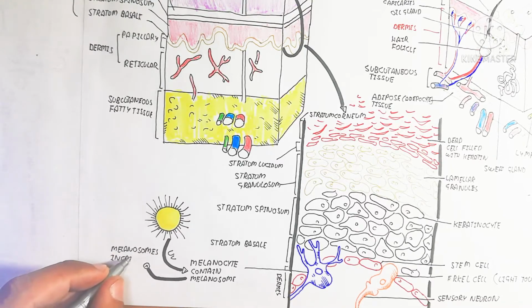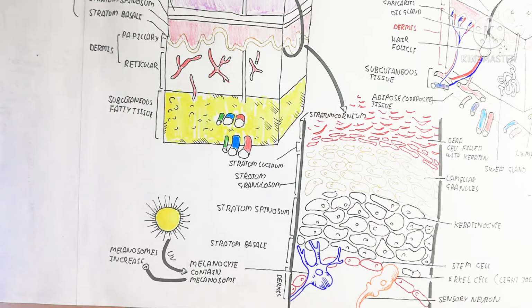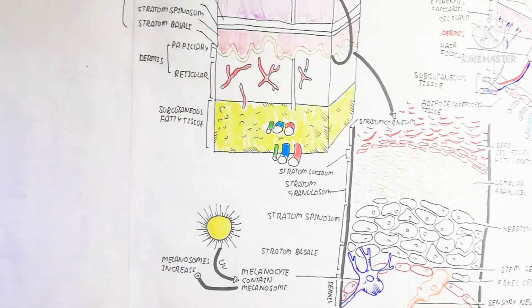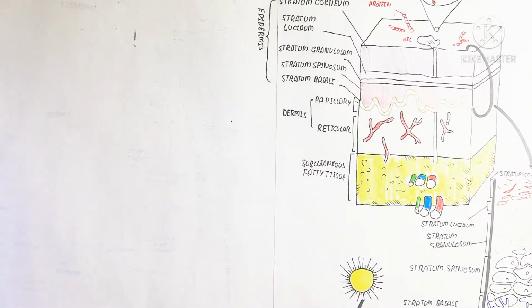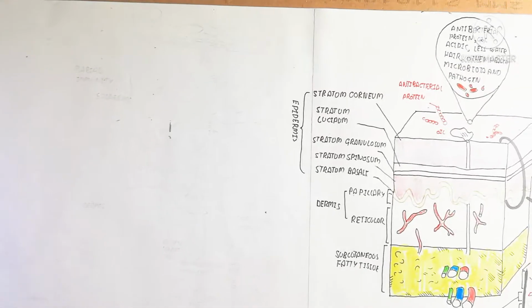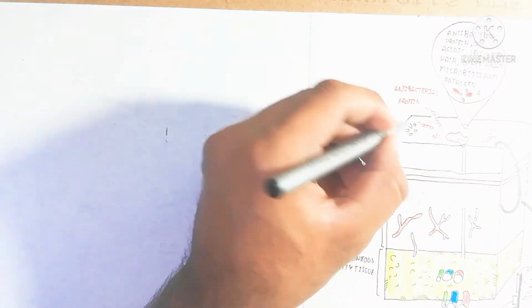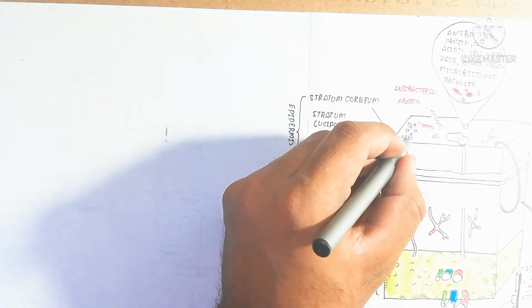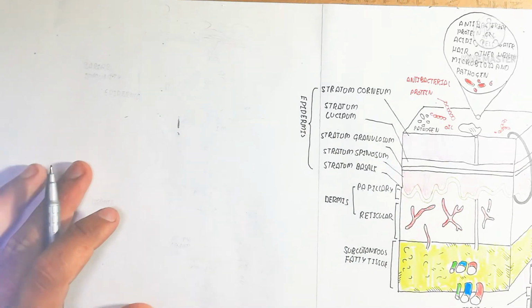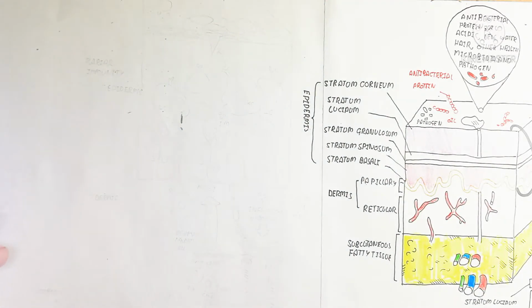Here the melanocytes contain melanosomes. The melanosome frequency depends on dark or light skin. If there is low light exposure, melanosomes are few, and if there is high light exposure, the production of melanosomes increases.